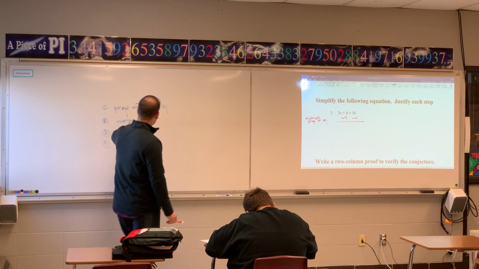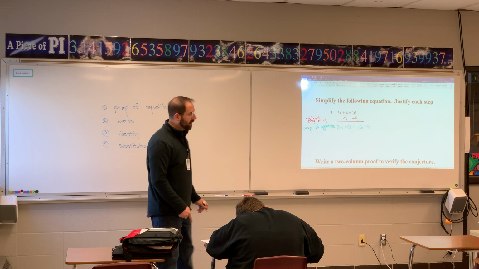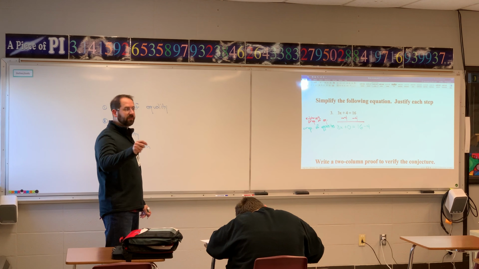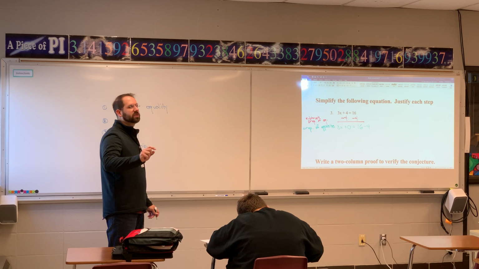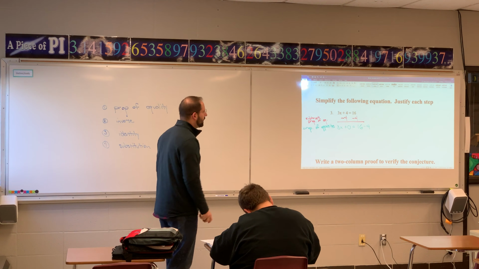That's property of opposites, that's the inverse. That's the rabbit hole, because if I know I'm adding and subtracting first, it's property of opposites. If I was multiplying or dividing, then that's the reciprocal rule. Those were the rabbit holes we talked about in class when we took notes.